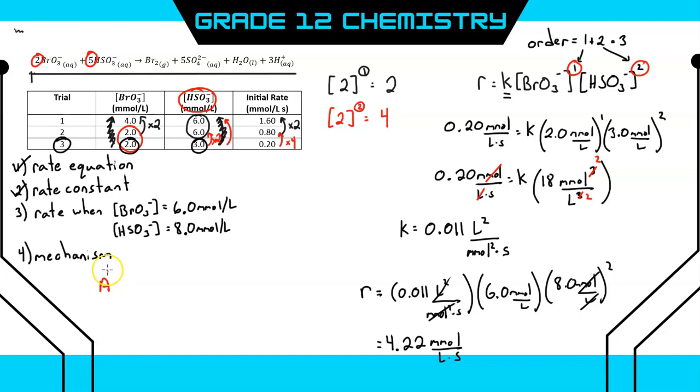Now, there's really an infinite number of ways you can create a mechanism, but I find the easiest one is to start with the rate equation. So we're going to start with just 1 BrO3, right? Because we just have 1 here, and then plus 2 HSO3. So there's matching with our rate equation.